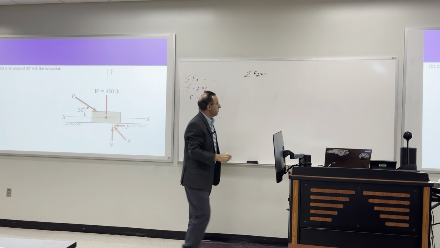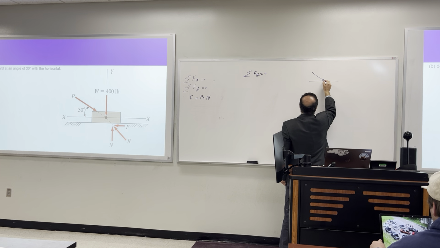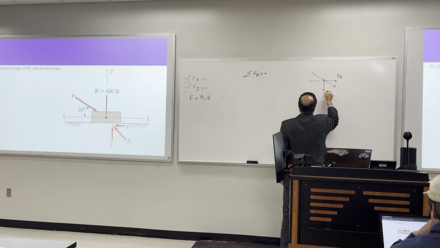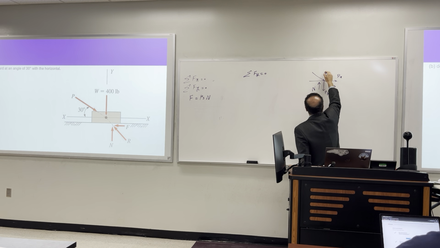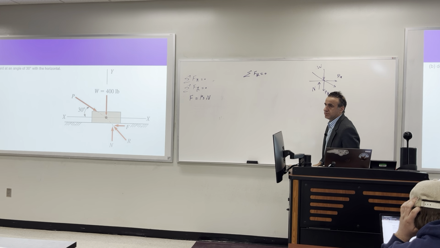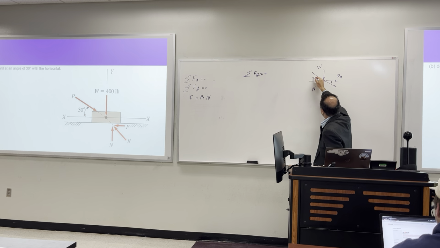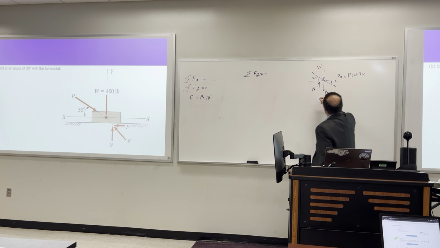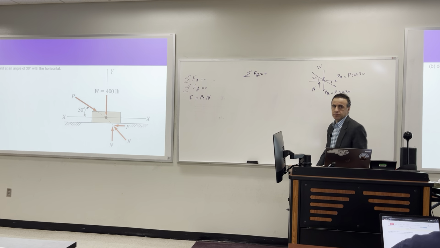So you can decompose P into Px and Py. What else do we have? N here, and then we have W. What is Px? This is 30, so Px will be P times cosine 30. Py is P sine 30.